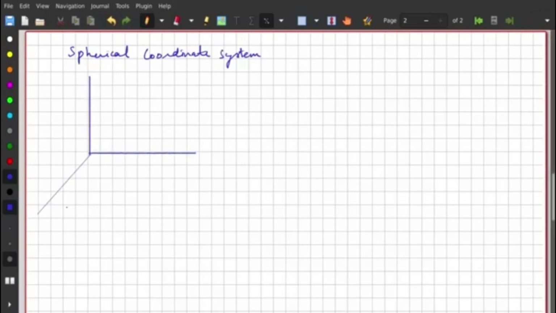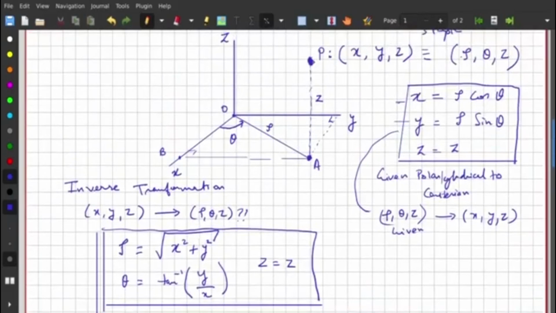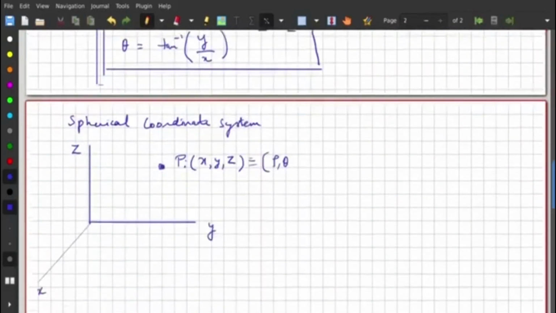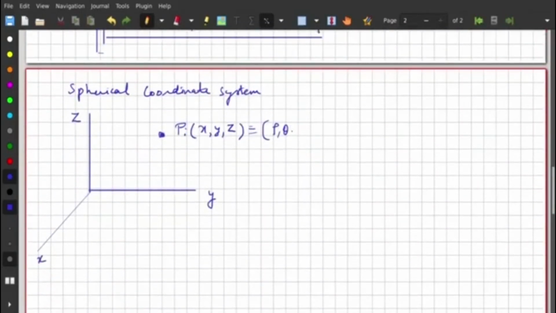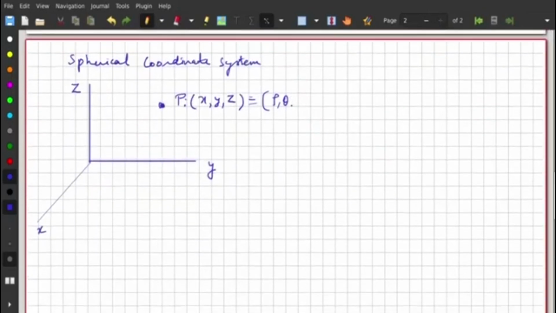This is our x, y, z Cartesian, and this is the point P, which was given by x, y, z in Cartesian. That point was given by rho, theta, z in cylindrical.